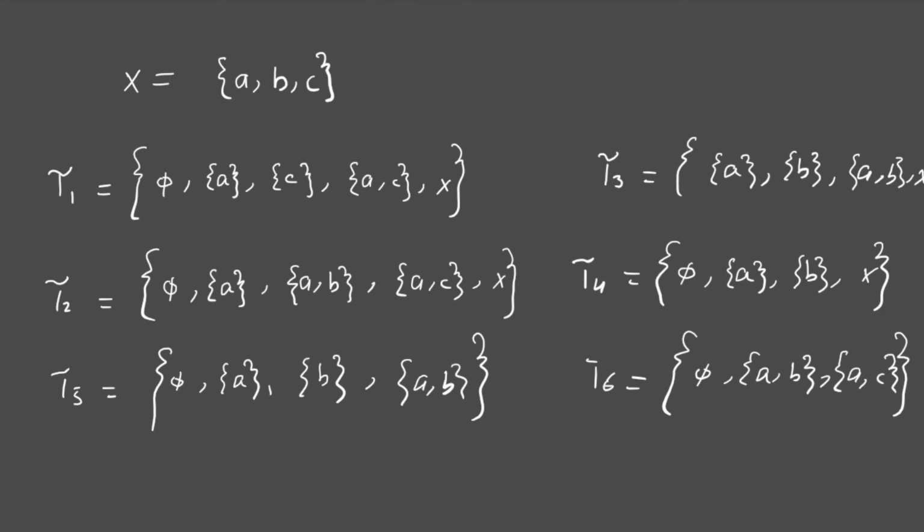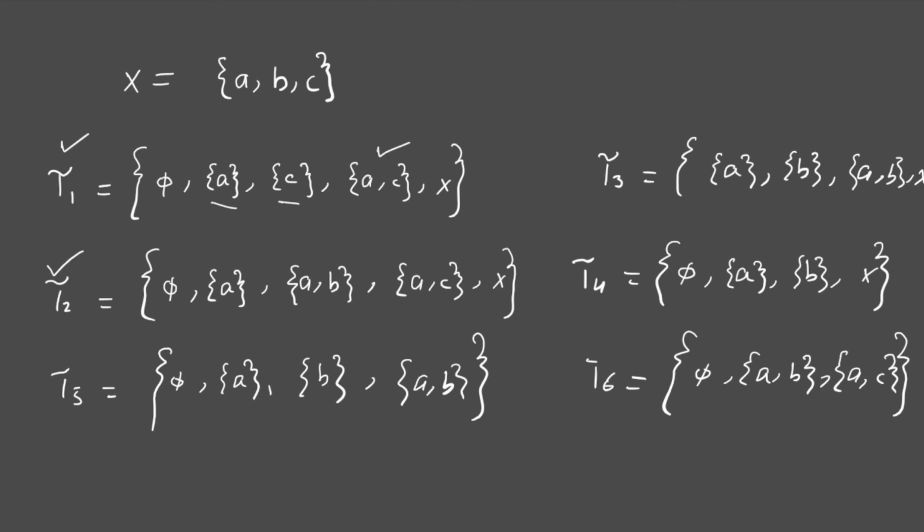Here tau 1 and tau 2 are topologies in X. Remember that both are topologies, because all the axioms of topology are satisfied. The union of any members of tau, just like the union of A and C, is AC, which of course exists in tau.